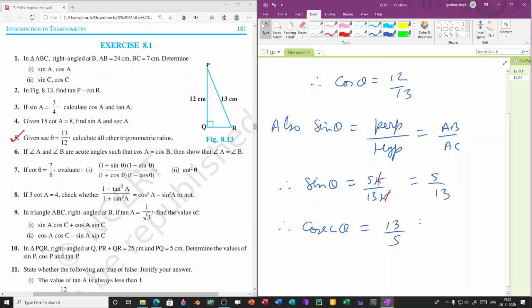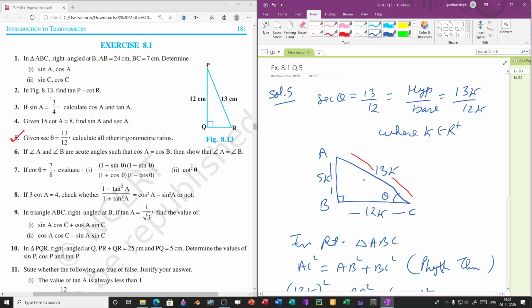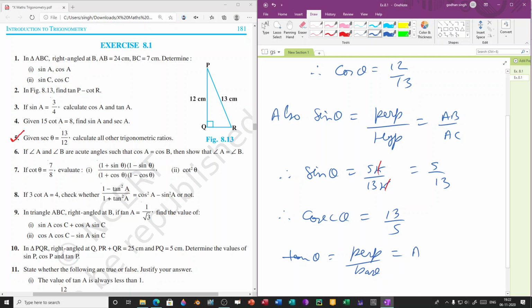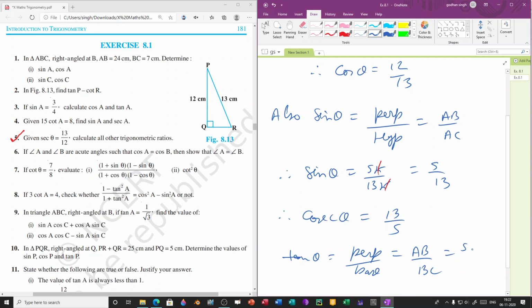Next we will find the value of tan theta. Tan theta is defined as perpendicular by base. So let us again revisit the figure. What is the perpendicular, opposite to the angle theta? That is AB. And what is the base? Base is BC. So AB over BC, and we will be putting the value of AB, that is 5K, and BC is 12K. So 5K over 12K.